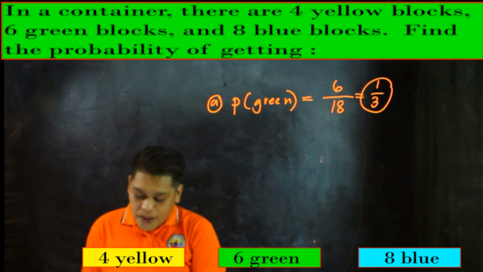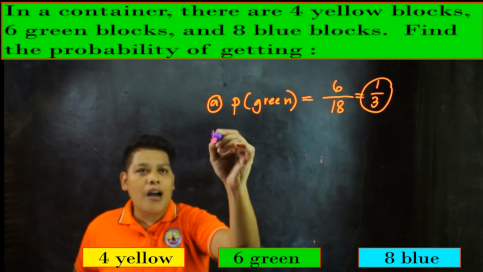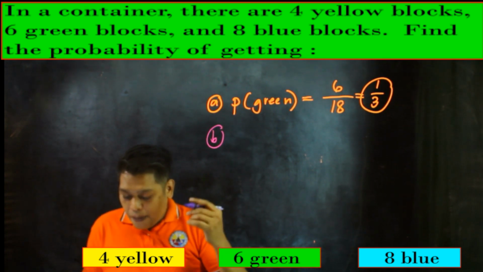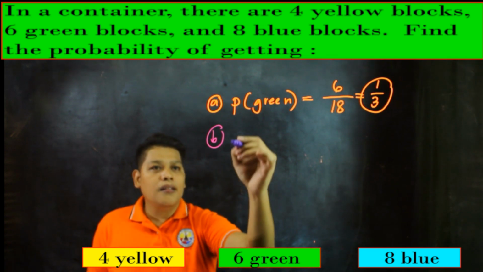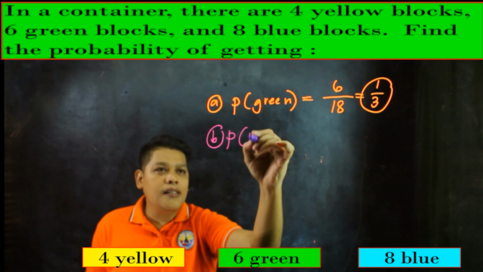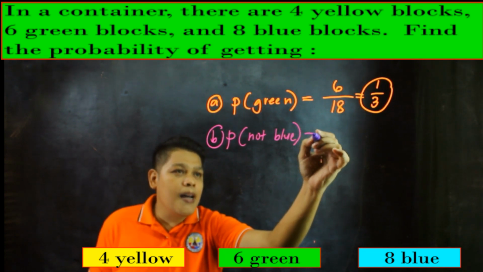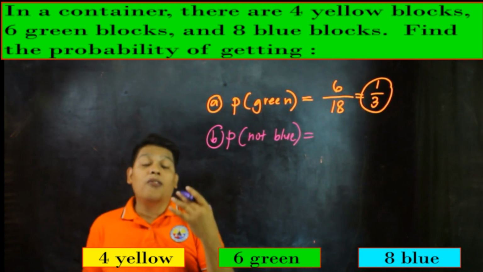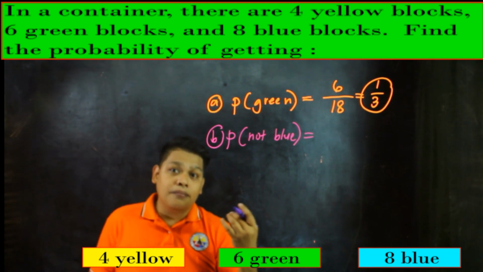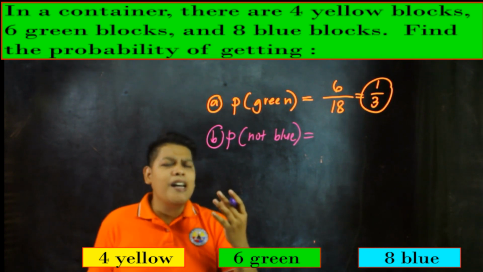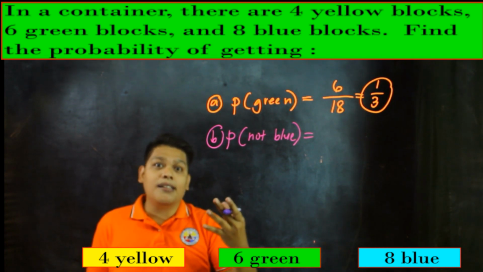How about letter B? In letter B, what is our event? Our event is a block that is not blue. So we have 4 yellow blocks, 6 green blocks, and 8 blue blocks. Not blue, so we will add 4 yellow blocks and 6 green blocks.